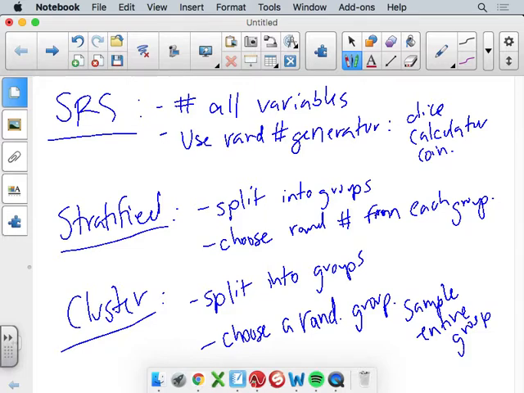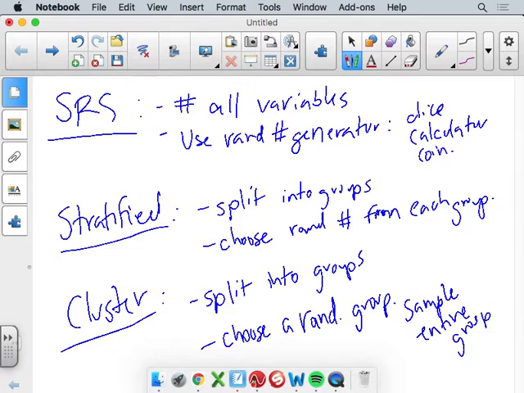So a slight difference, they're both split into groups. These are always mixed up with each other. Clusters are like you're grouped together and you stay together.